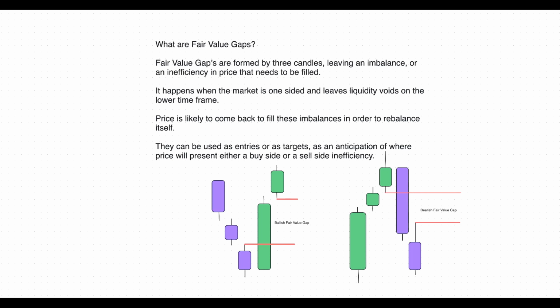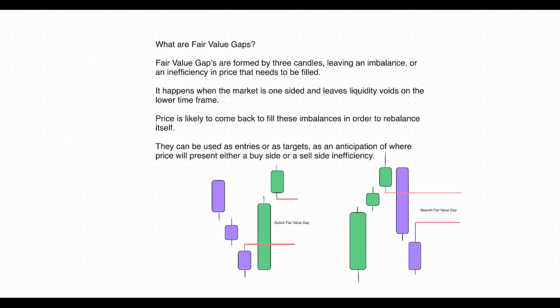So price is likely to come back and fill these imbalances in order to rebalance itself. That meaning whenever we have price push towards one side, you create an inefficiency in price, meaning we kind of leave, I don't want to say a gap, but a void.